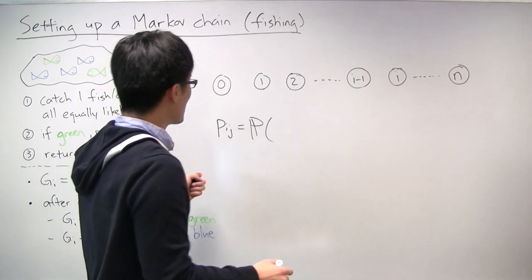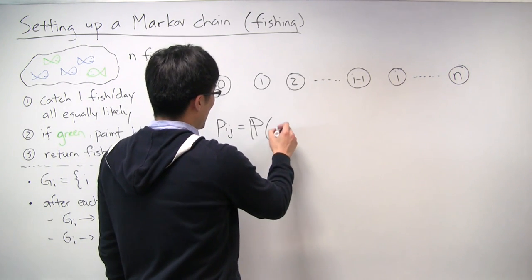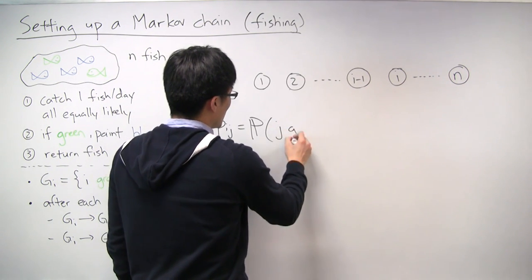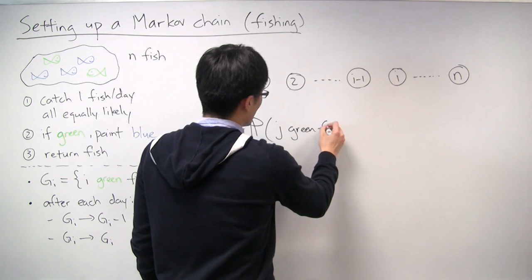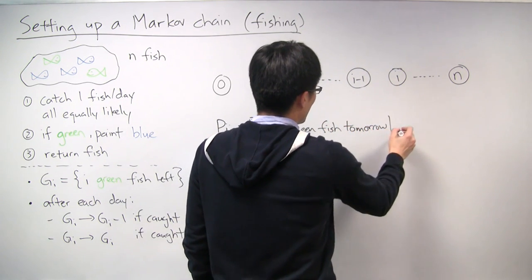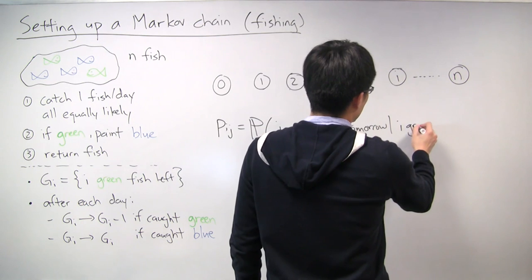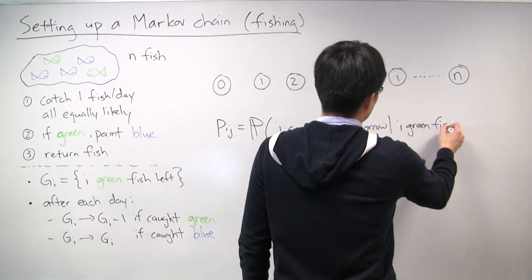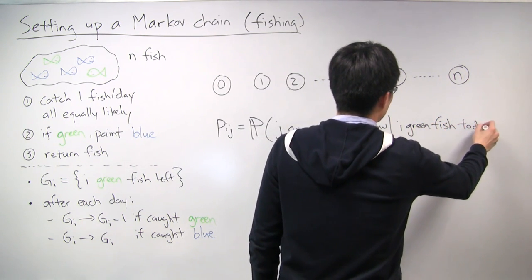So what that means in this context is what's the probability that there will be j green fish tomorrow, given that there are i green fish today.